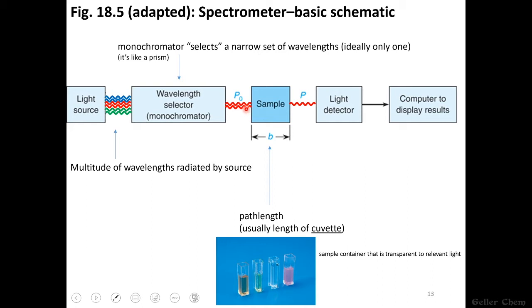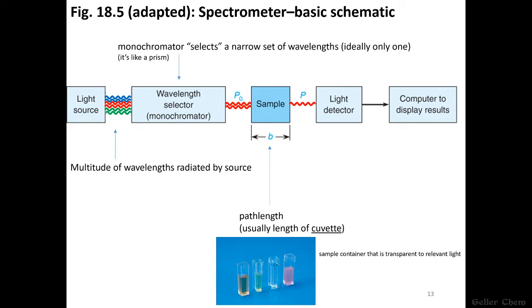If this light has an energy that is equal to the delta E between energy levels of our sample, then based on that rule we learned earlier, some of this light can be absorbed by the chemicals, and thus less of it comes out the other side. But on that other side we have a detector which measures how much light reaches it. And then that detector is connected to a computer, which displays our data.